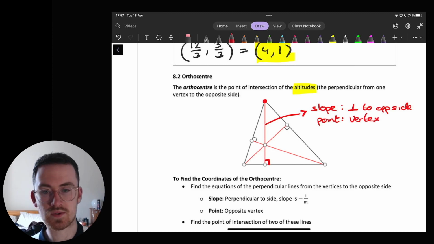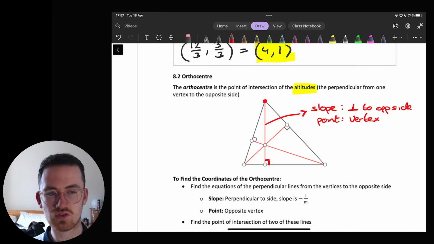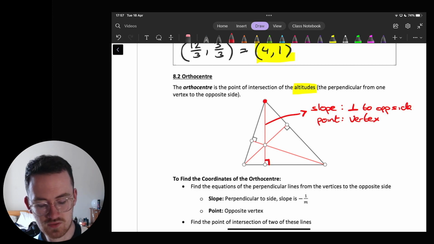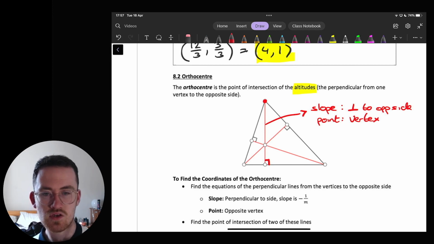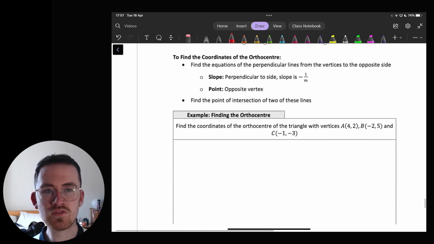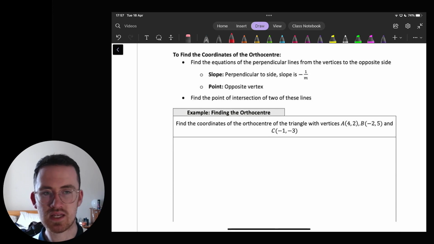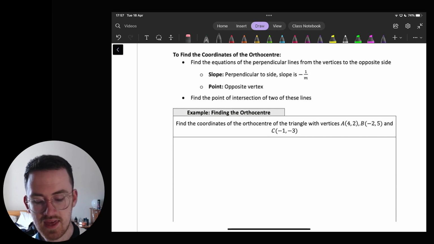So in order to find the equation of this line, we will have to find the slope of the opposite side and then use that in finding the slope of the perpendicular line. Then once we've done that for two sides, we'll be able to find the intersection of those two lines and use that in finding the coordinates of the orthocenter.